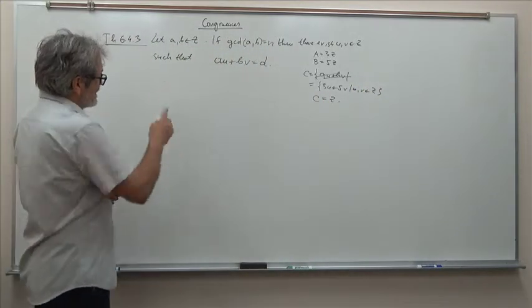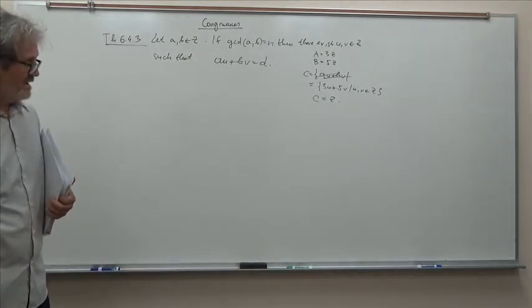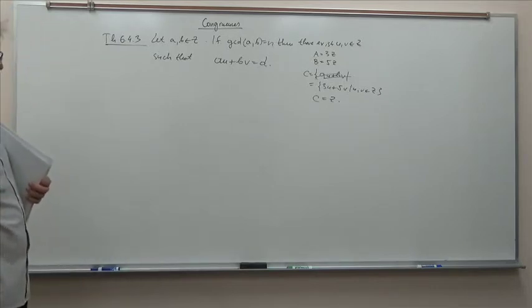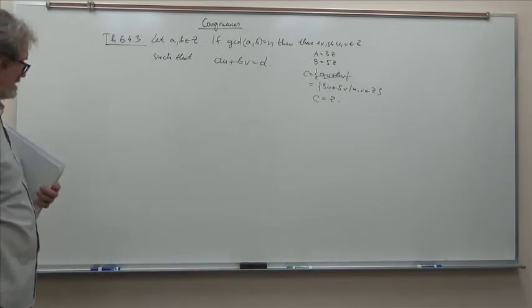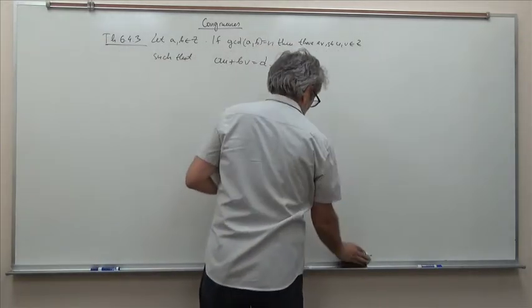And since 3 and 5 are relatively prime, this theorem says this must happen. And of course, we did it there in a more specific way, but this is a generally famous theorem, and it is true.